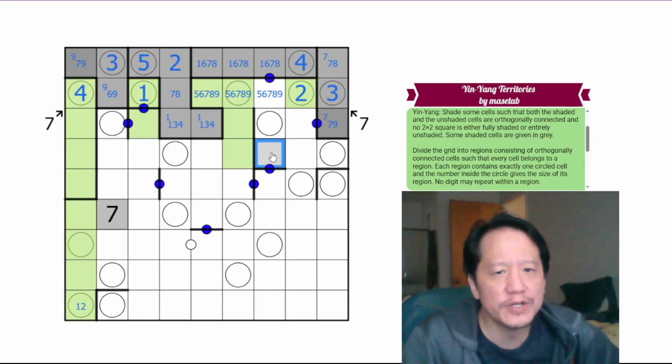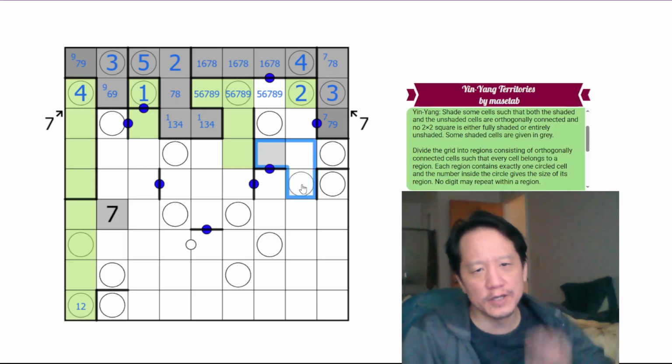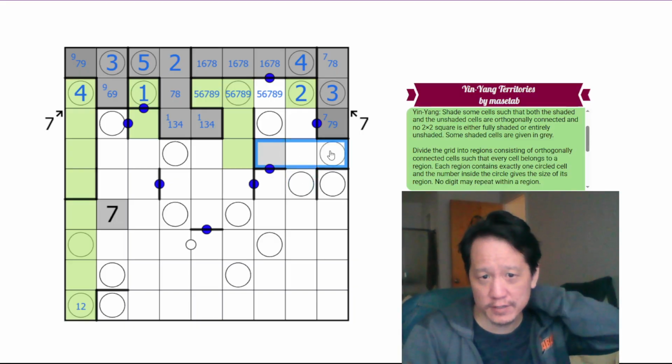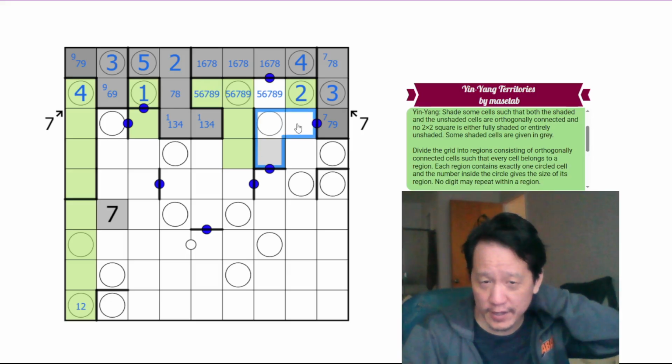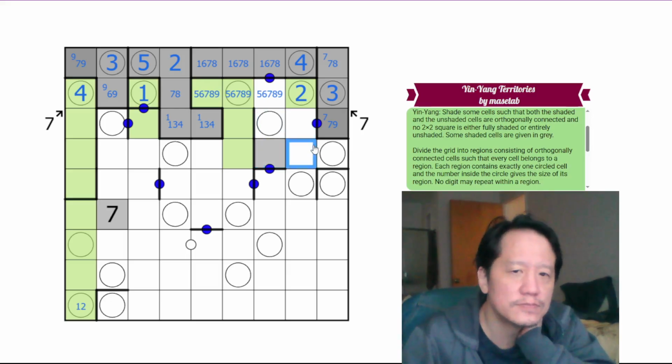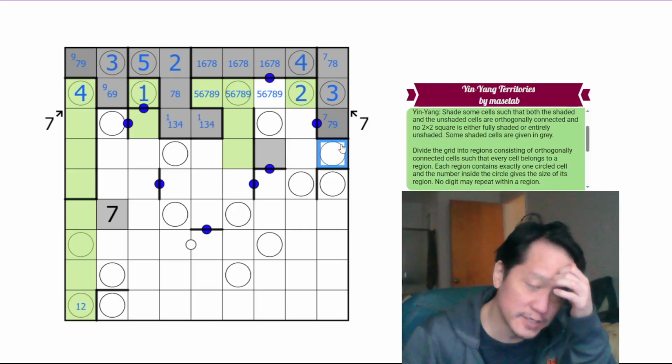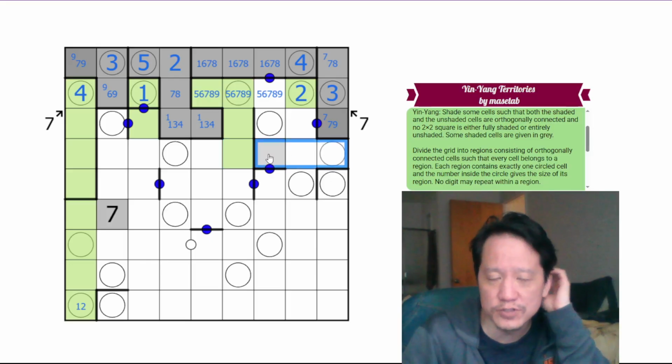This must go in a shaded region here. So again, the shaded region is part of either that, or that. This is limited as a region too. It can be at most 4, right? Because it's blocked off here, necessarily, if it includes this cell.